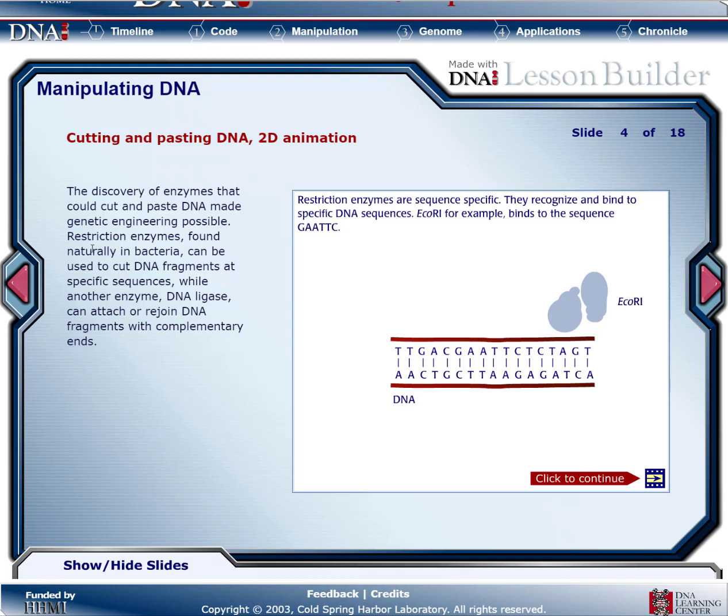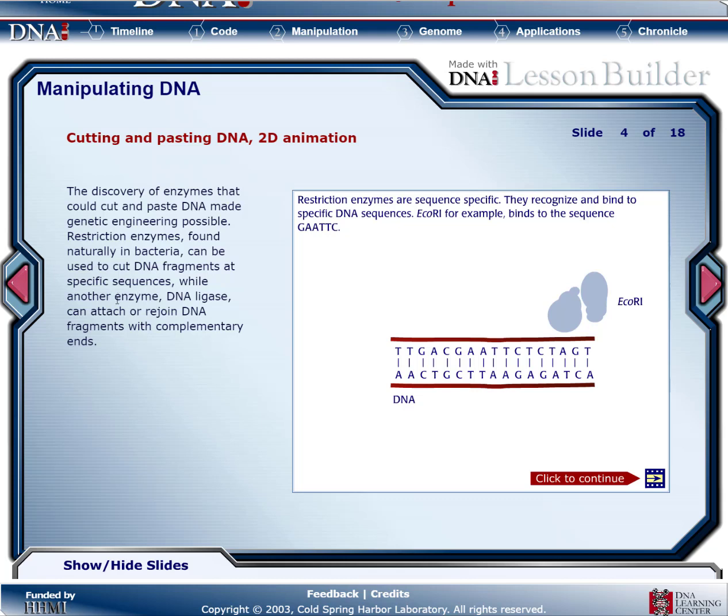Right. So restriction enzymes found naturally in bacteria can be used to cut DNA fragments. Okay, so we're going to take some info from this. Restriction enzymes found naturally in bacteria can be used to cut DNA fragments at specific sequences. I just took note of that.